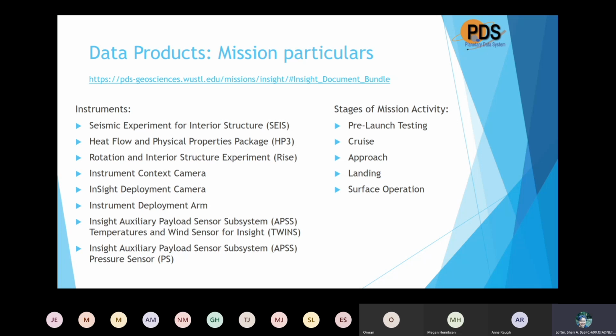What data are you collecting? So there's a lot of instruments on InSight, and there's also several stages of mission activity. Now, InSight's a lander. It doesn't have an orbiter, so we don't have the orbits option here. But you've got a lot of options and a lot of files to collect. So you can go a lot of different ways with your organization here.